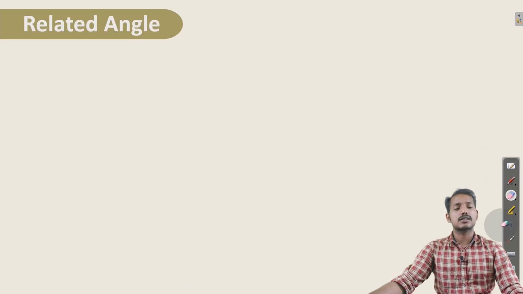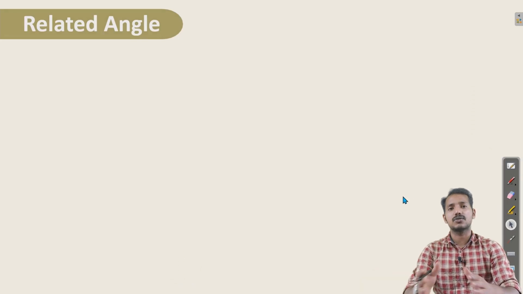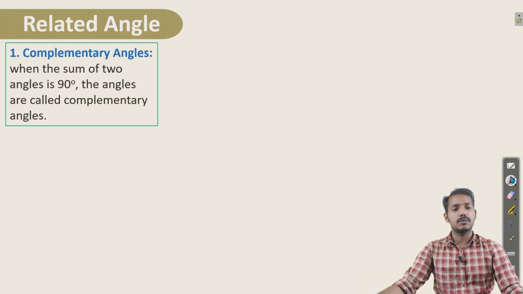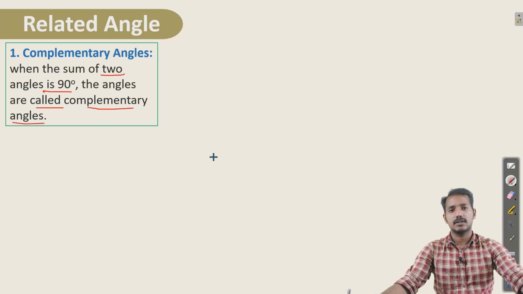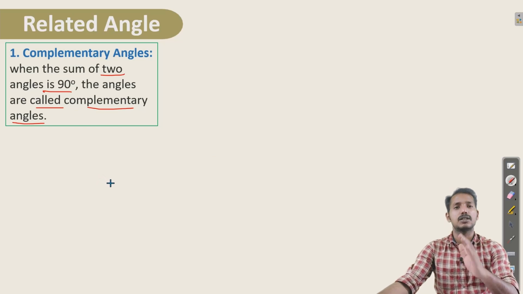Here we are going to discuss the relation between different kinds of angles. First one is complementary angles. When the sum of two angles is 90 degrees, the angles are called complementary angles. That is the relation between two complementary angles. One angle will be the complement of another if the sum of the two angles is equal to 90 degrees.